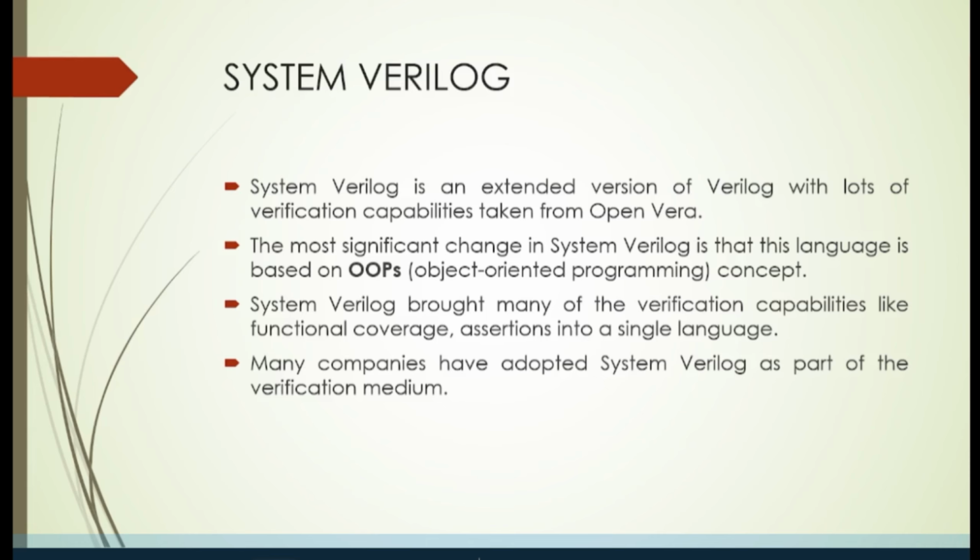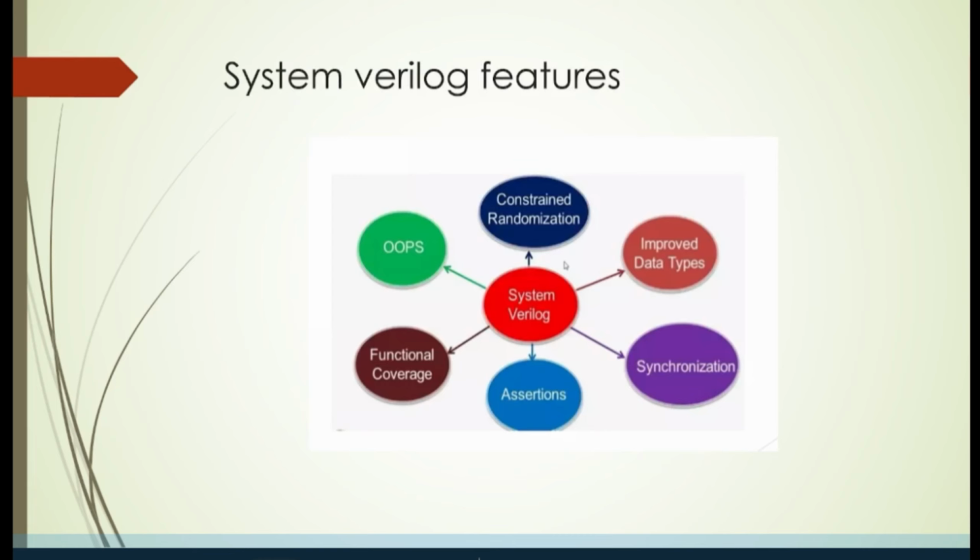So these are certain features of SystemVerilog like constraint randomization, OOPs concept, functional coverage, assertion, synchronization, and improved data types. In Verilog also you will have data types, but apart from those there are many more other data types which were introduced in SystemVerilog. Similarly, OOPs is not present in Verilog.